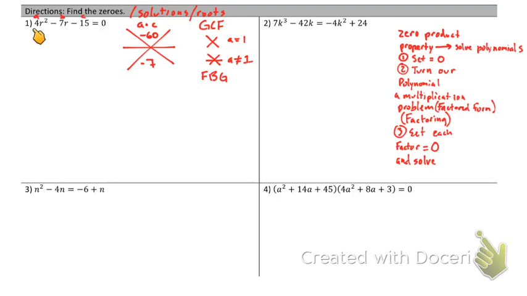So 4 goes here and here, our A value, and then we split our variable for our A value, which is r squared, so each one gets a single r. So r and r. Now we ask ourselves, what can multiply to negative 60 that adds up to negative 7?